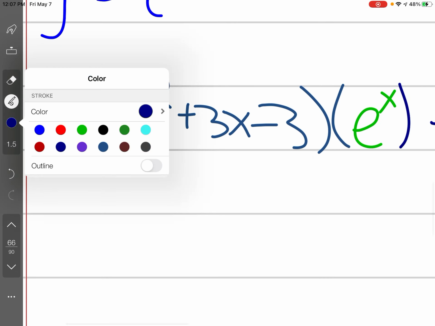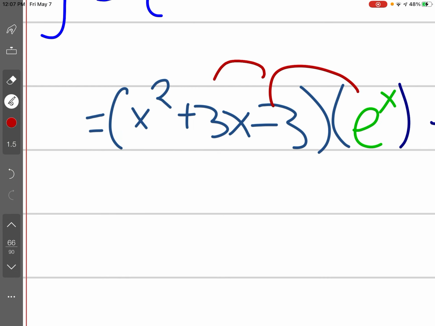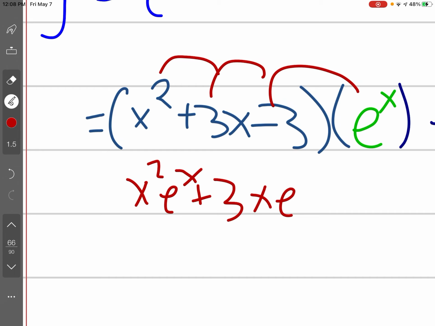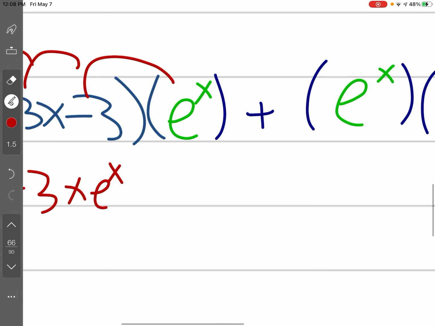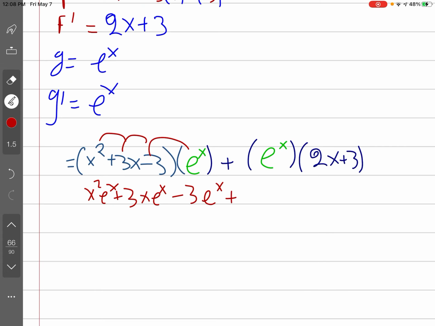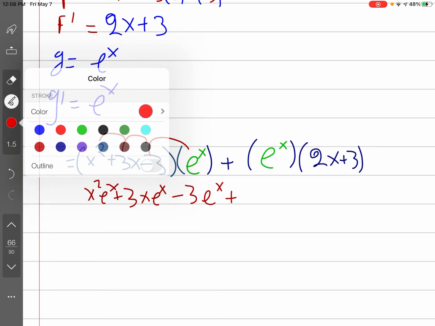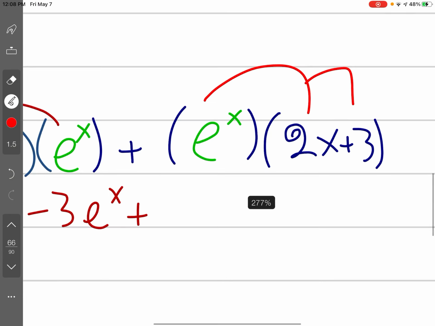First of all, you have to multiply this by this, by that. So I have x squared times e to the x plus 3x e to the x minus 3 e to the x, plus, now I have to change this form to go by this form.